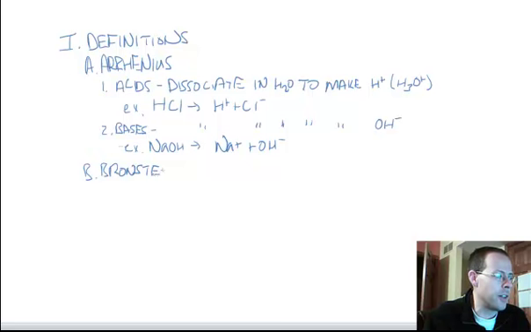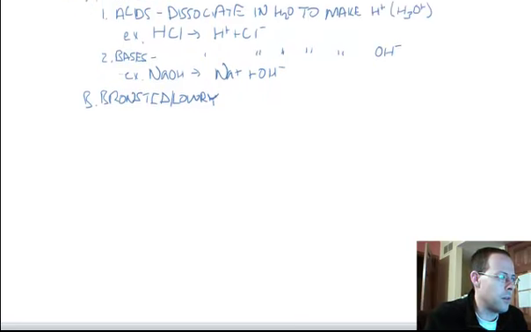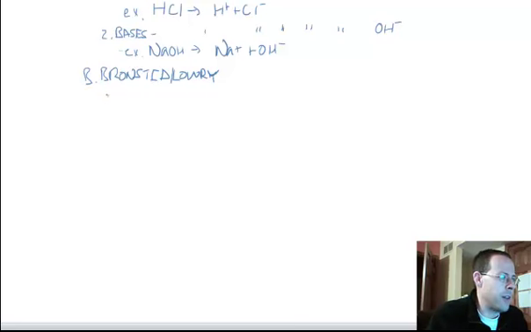This is usually the definition that chemists are going to use. Bronsted-Lowry, it's two guys. I believe it's two guys. But Bronsted-Lowry definitions, all right? And they change it up a little bit. We're going to see the examples are basically the same.